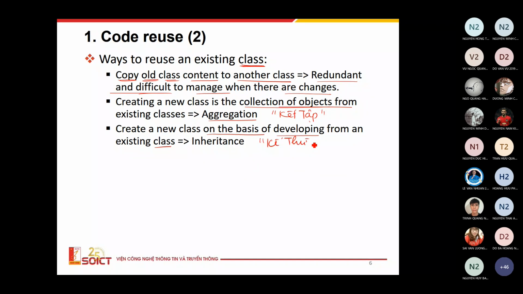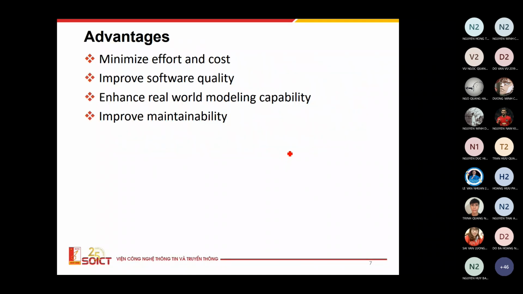Là tạo ra một lớp mới nhé, bằng cách là phát triển từ một cái lớp đã có. Đấy, bằng cái cách là phát triển từ một cái lớp đã có thì chúng ta có thể gọi nó là kế thừa nhé. The advantage of the cost reuse is you can minimize the effort and the cost.